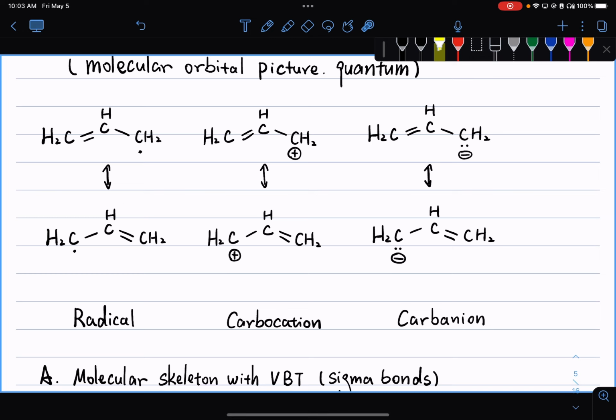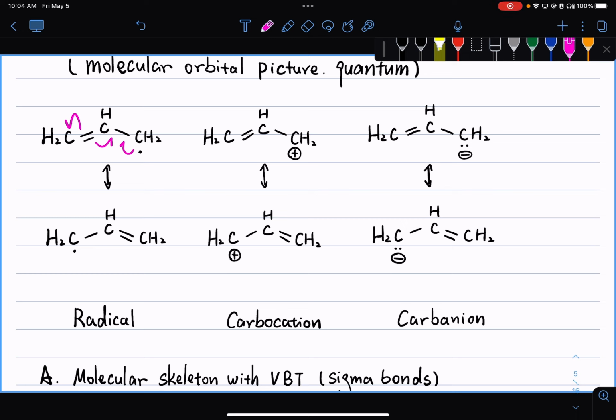On the left, that's the allylic radical. If we're doing the arrow pushing connecting the top structure and the bottom structure, we're using the single-sided arrow indicating movement of one electron, and that's connecting these resonance structures. For the carbocation, it's the same idea.